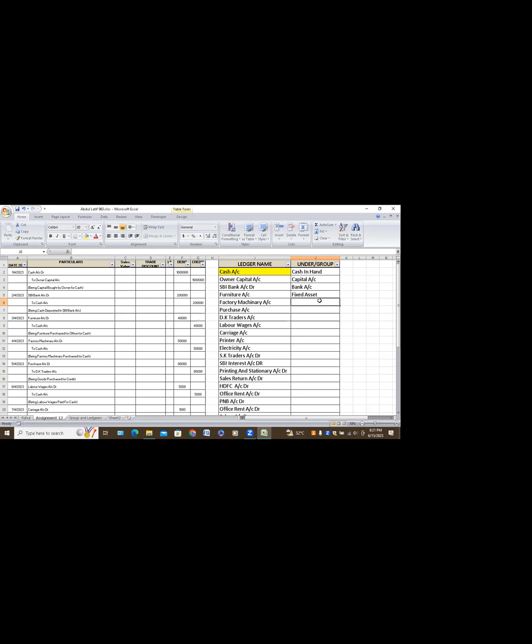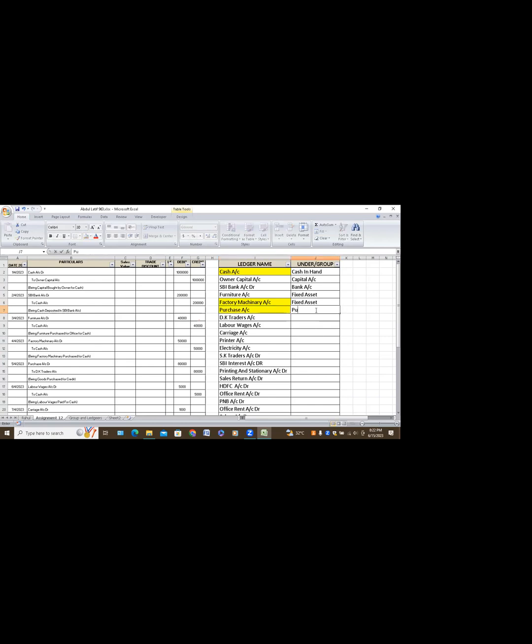Factory machinery, fixed asset. Correct. Next, Taskin Pasha. Purchase account. Correct.